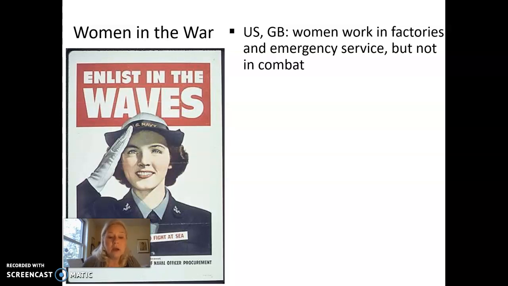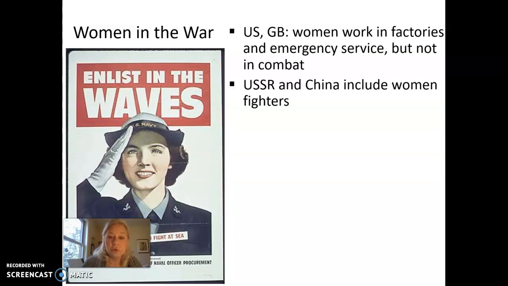They were not combat soldiers, as there are currently women serving as combat soldiers, but that was not the case during World War II. However, the USSR and China, unlike the US and Great Britain, did have women who were on active military duty and were involved in actual battles.